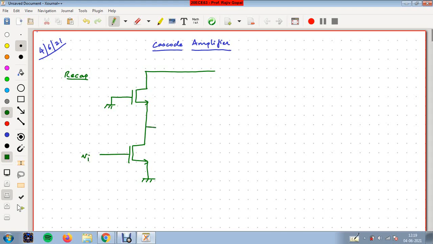If I call this V01, this is Q1, Q2. This is V0, this is RL. Then for all the MOSFETs, you will have this resistance R02, and here you will have R02.